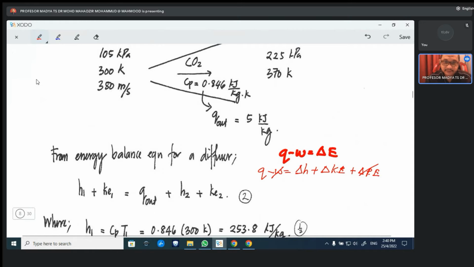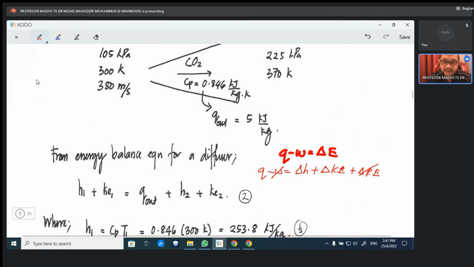But we do not neglect kinetic energy, because in this question it mentioned the velocity at the inlet and outlet, and from the kinetic energy we can find the velocity.